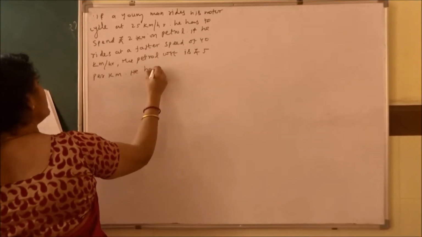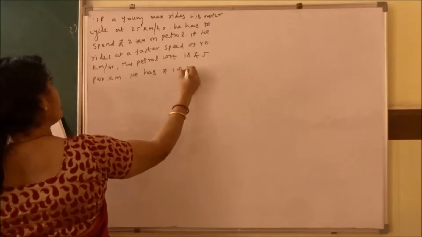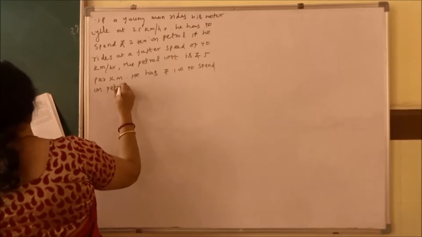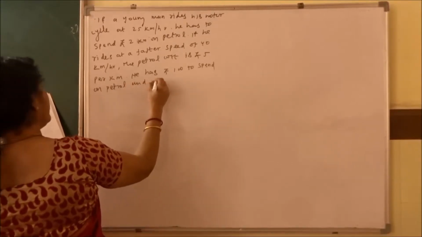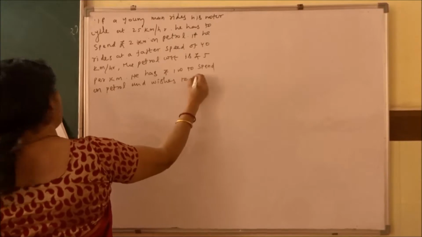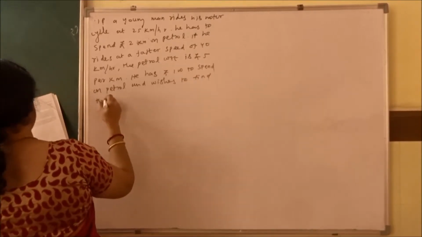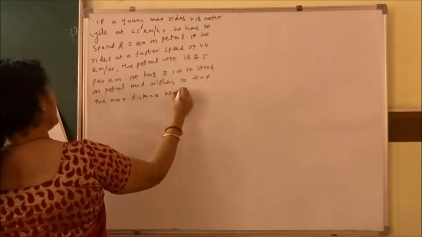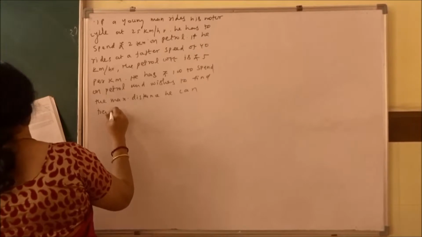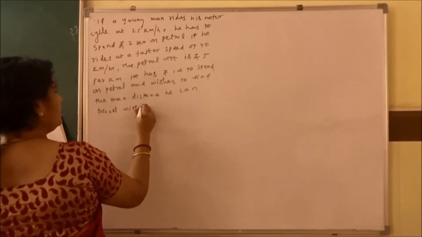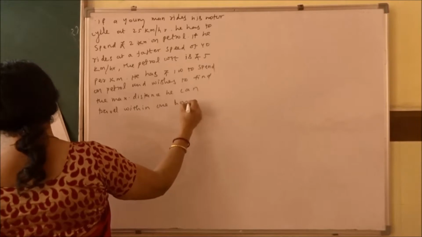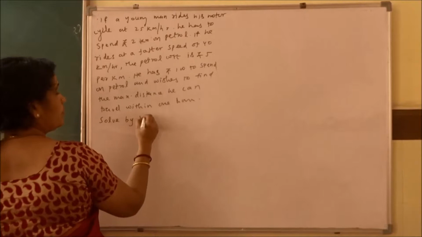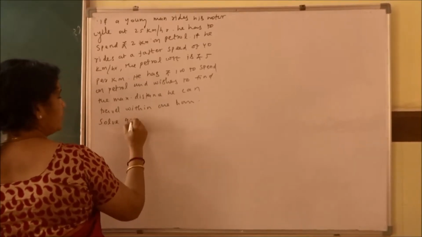He has rupees 100 to spend on petrol and wishes to find the maximum distance he can travel within 1 hour. Clear? Within 1 hour. So solve it by LPP, solve graphically. Okay.